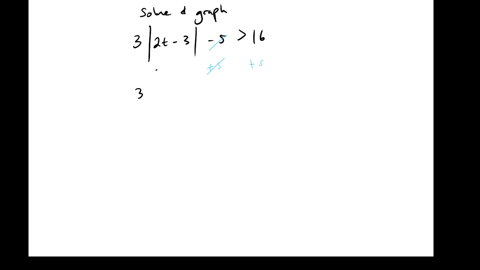So I'm going to have 3 times the absolute value of 2t minus 3, still greater than, and then 16 plus 5 is going to be 21. Next, I'm going to divide by 3 on both sides. So 3 is going to factor out, and now I have the absolute value of 2t minus 3. That's going to be greater than 7.